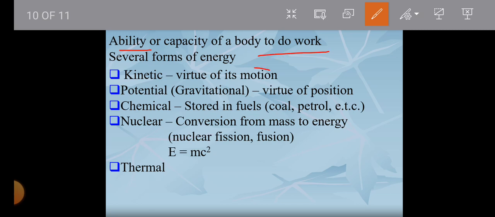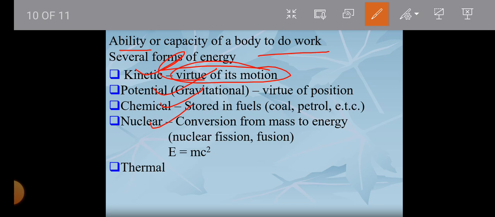The work which we were talking about in the previous chapter, the ability to conduct it or to do it now is energy. So you have kinetic energy, potential, chemical, and nuclear energy. Kinetic energy is the energy of the body when it is moving.